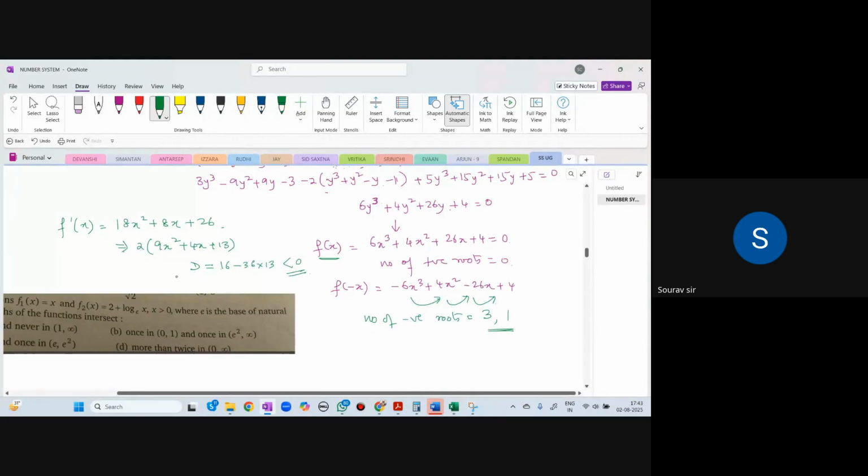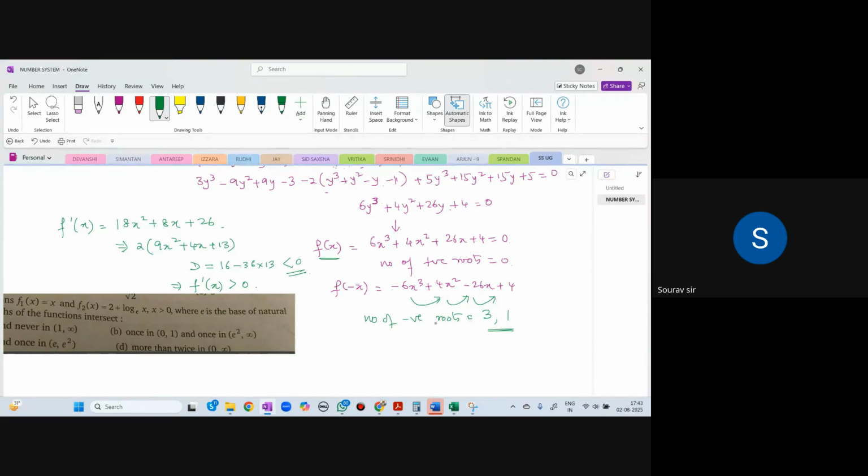Because the discriminant is negative, the parabola will be above the x-axis, so it will always be positive. So f dash x positive means the graph is increasing, right? Always increasing.